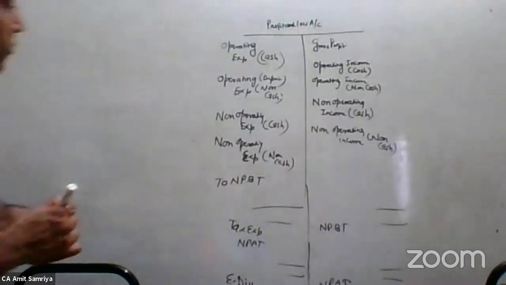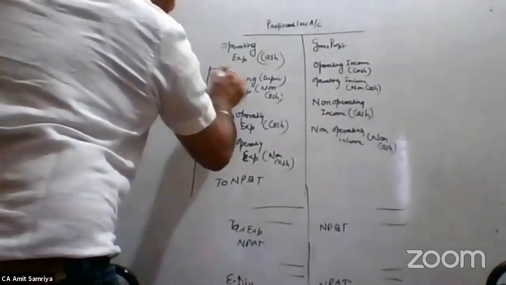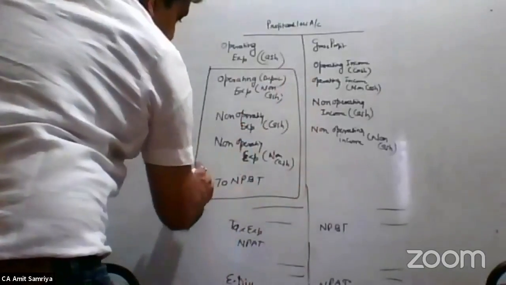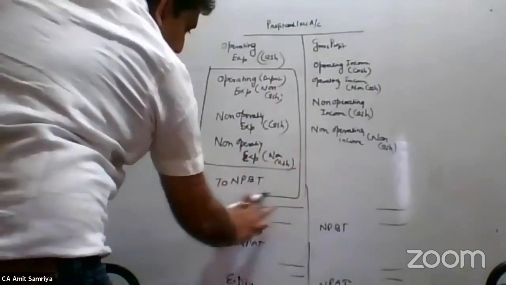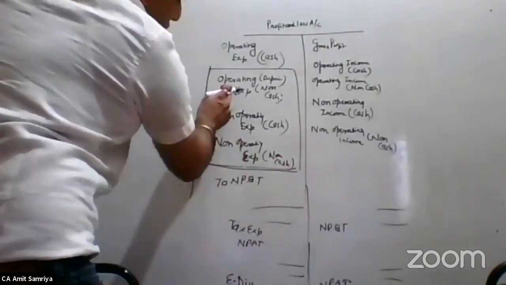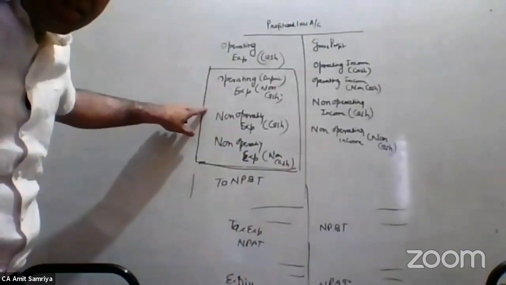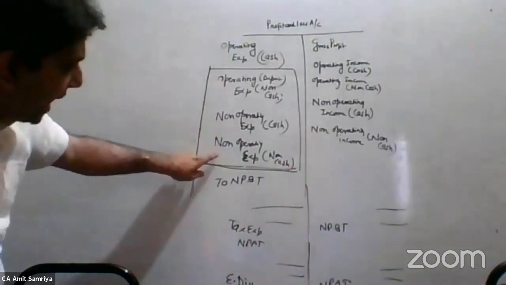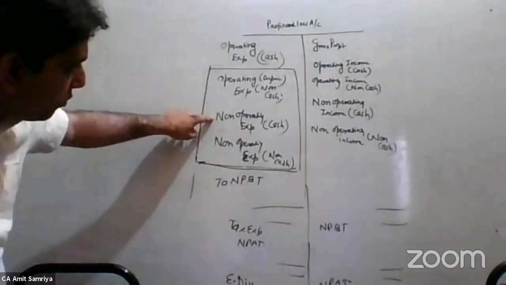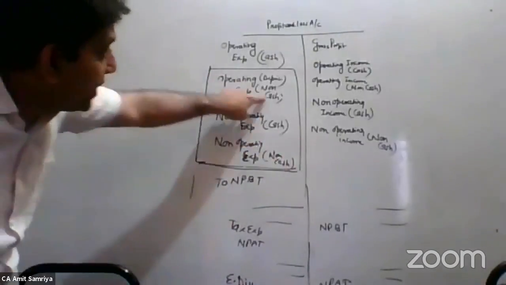So the effect of operating non-cash, non-operating non-cash, non-operating cash. All non-operating items are added back, whether cash or non-cash. Of operating items, only non-cash items are added back, operating non-cash.